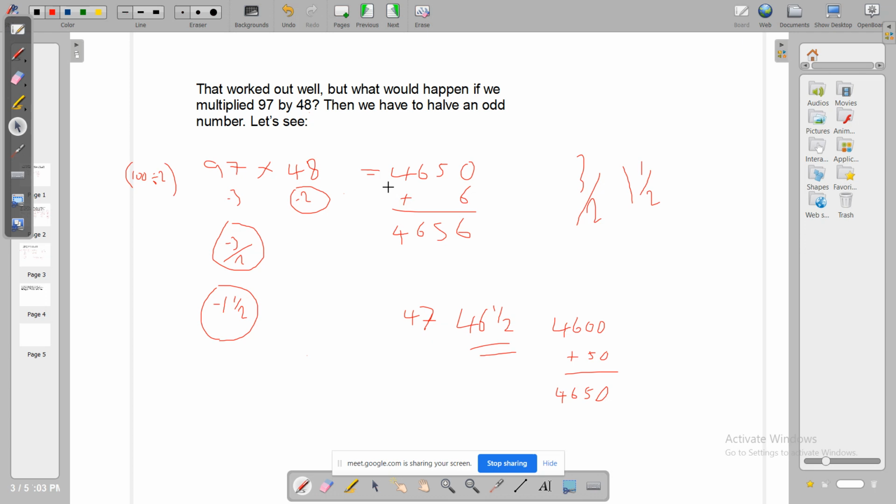What is left is to add this multiplication here. Negative 3 times negative 2 will be what? Positive 6. So plus 6. So 97 times 48 will be 4,656. Okay, do you understand?